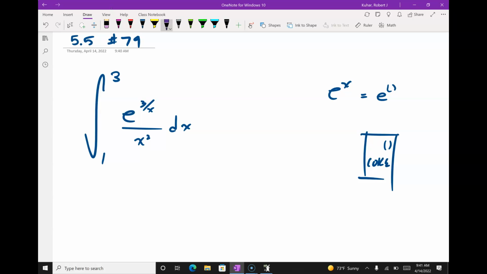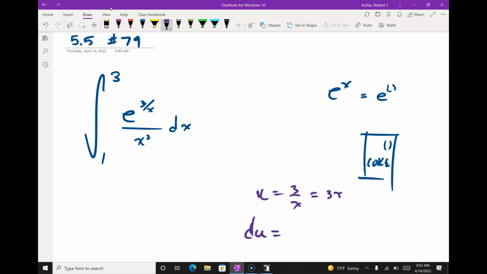If you do this on Symbolab, and I will, you'll see Symbolab will say, let u be what? 3 over x. What's du? Quotient rule is okay.